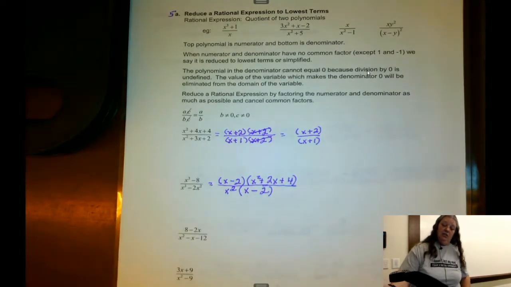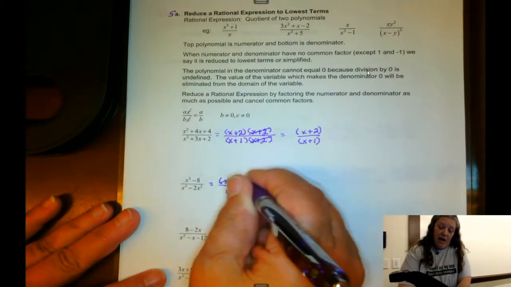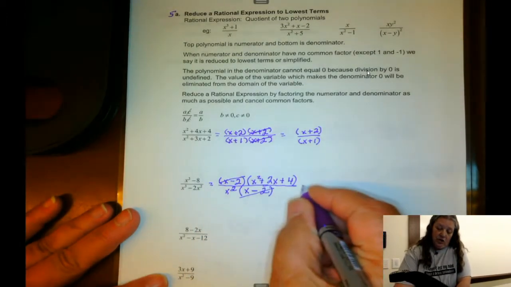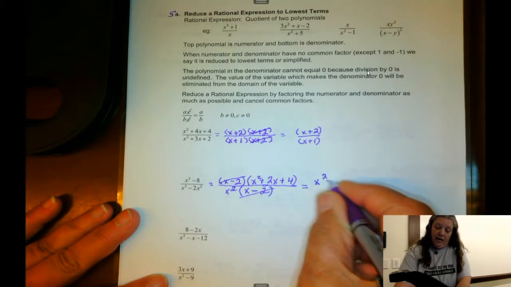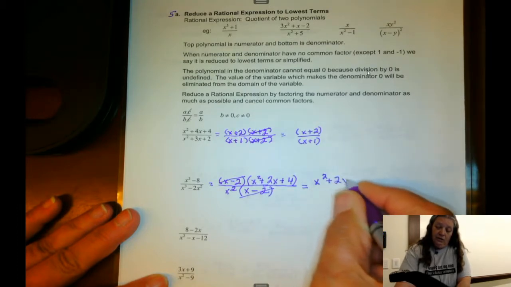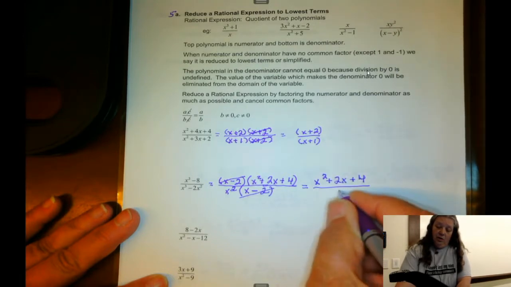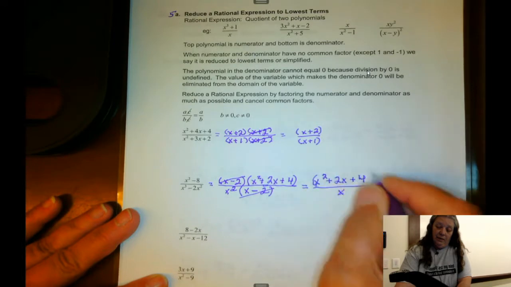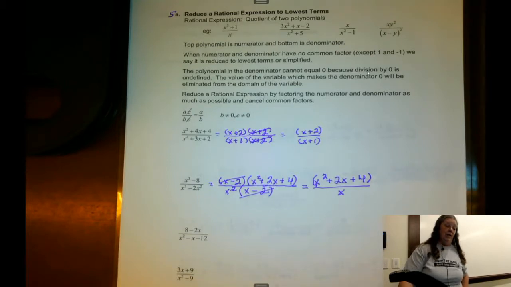So these two polynomials have an x minus 2 in common, which we will cross out, and our final answer is x squared plus 2x plus 4 over x. Again, you can put the trinomial in parentheses to remind you that you can't do anything else with it.